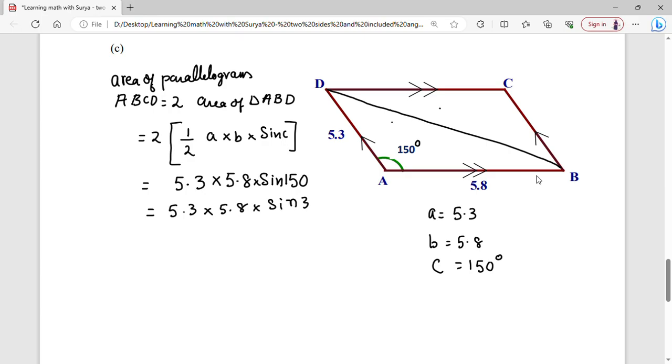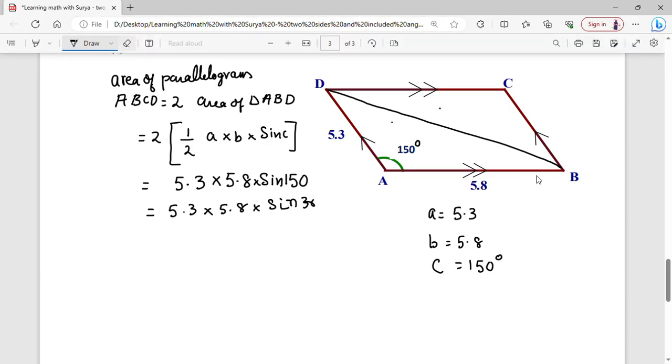So students who are not using calculators, you can do this question. And it's important. So that's sine 30, so that's 5.3 times 5.8 multiplied by half. If you do this, your answer is going to be 15.4 cm squared.